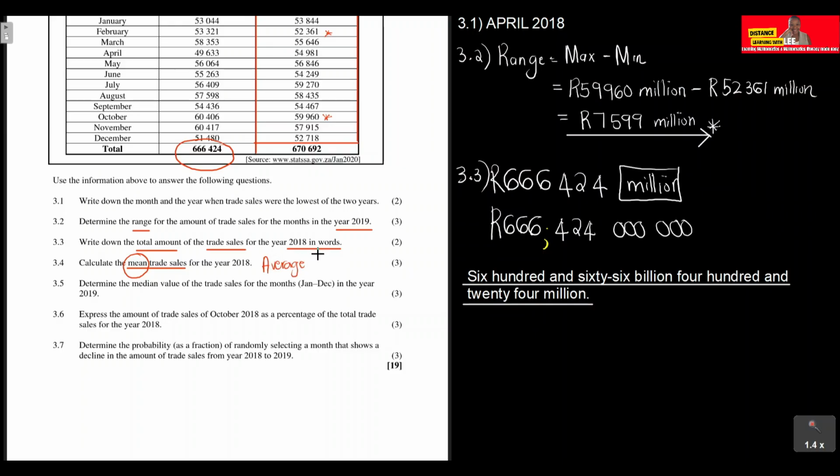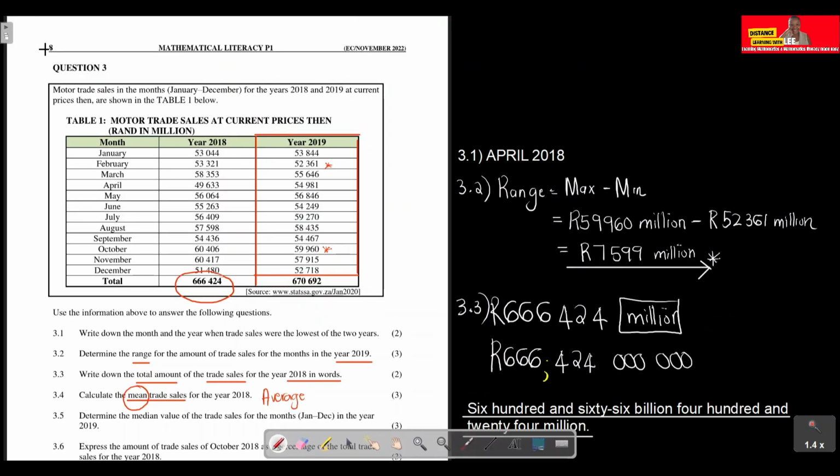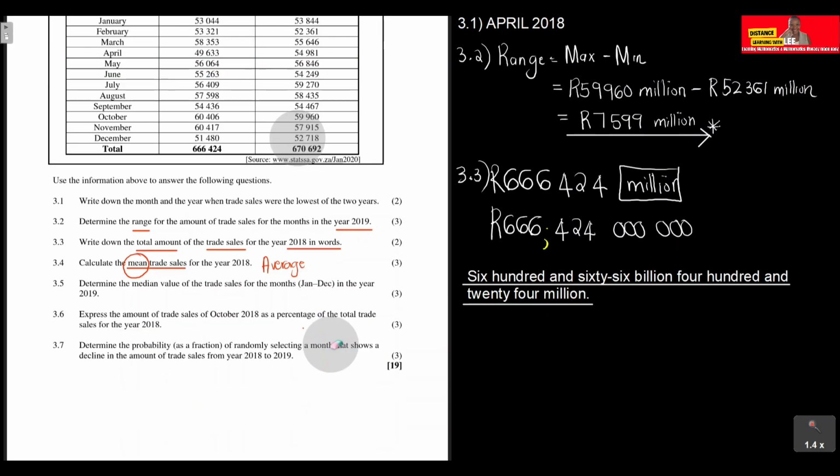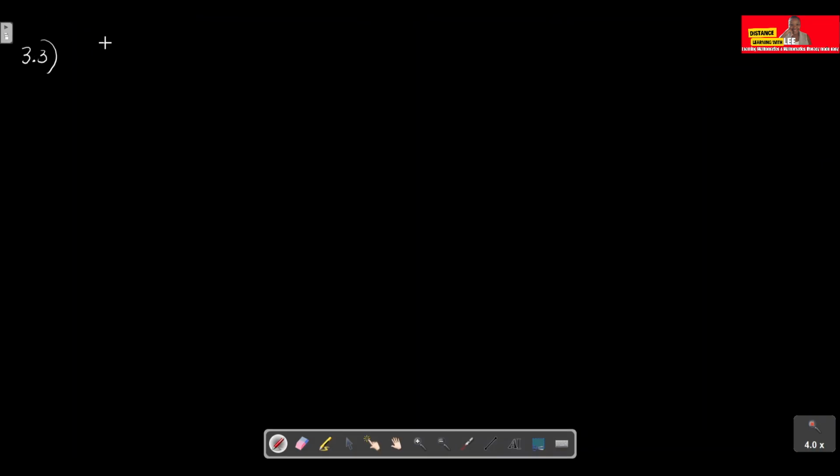The average trade sales for the year 2018. So we're focusing on the year 2018, and we want to calculate the average trade sales for that year. How do we calculate the average? You need to sum up. Actually, let's write this.